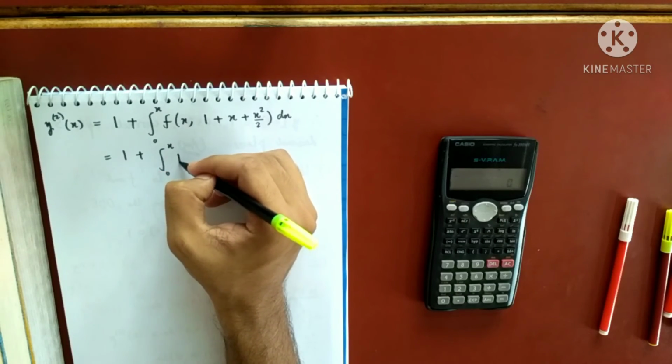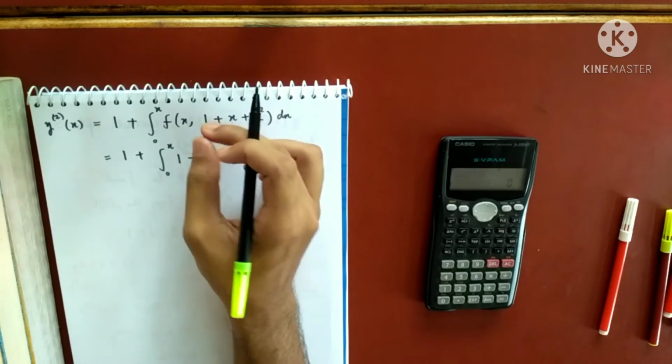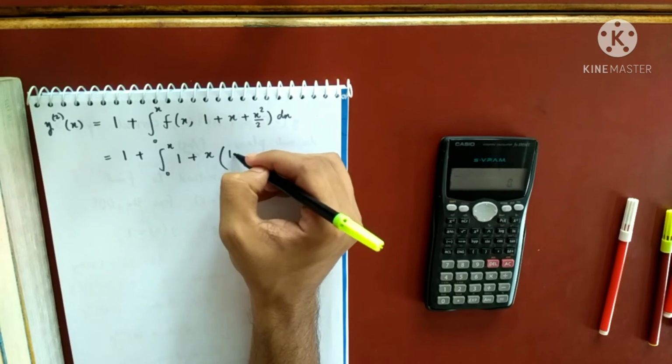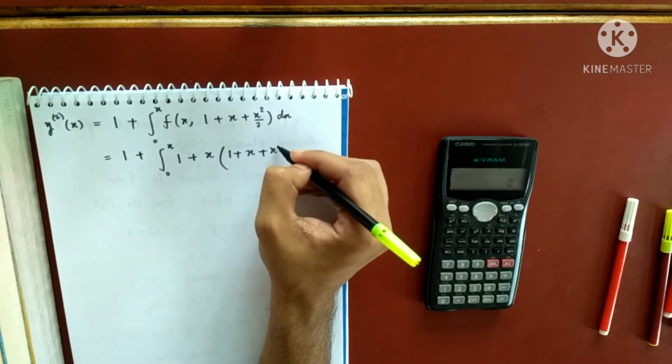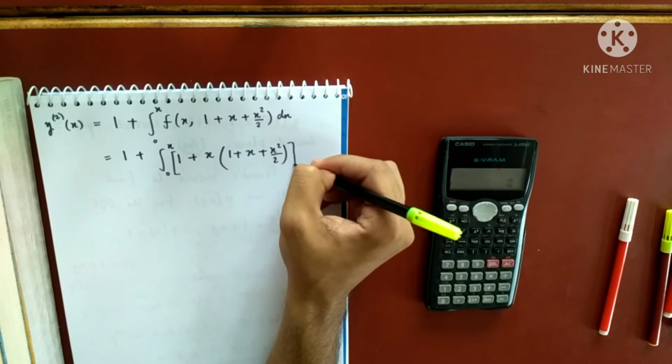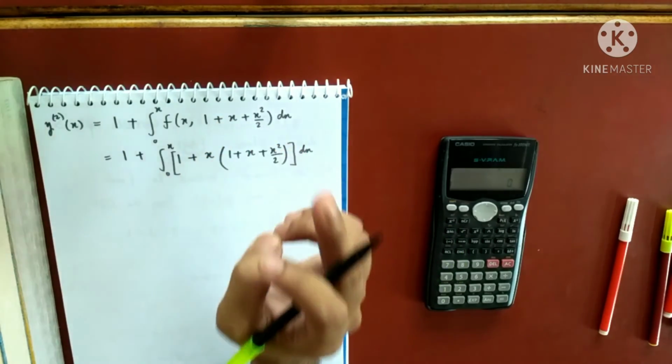In the last step, what was the function? The function was 1 + xy, x into this. This was the function.